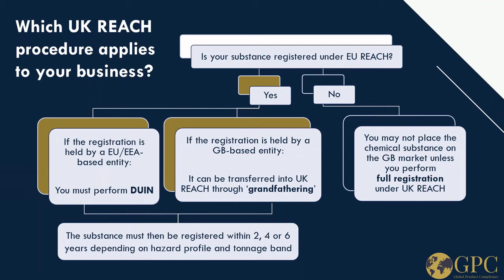If the answer is yes, and you are a GB-based entity that has an EU REACH registration for the substance and has been on the GB market for 2 years, then you can do it by transferring it into UK REACH through the procedure called grandfathering. And if you are an EU-based or EEA-based entity, you must perform the downstream user import notification, or DUIN. For both cases, after you've performed these small procedures, you afterwards need to perform the full registration within 2, 4, or 6 years, depending on hazard profile and tonnage band.